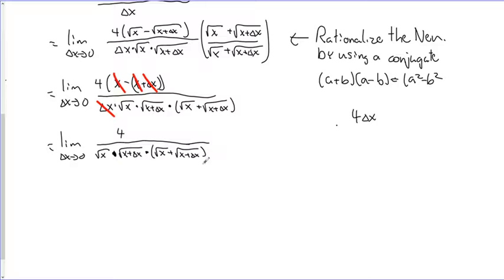Now, I know that that probably doesn't look a whole lot better than the last one, but if I let delta x go to 0, it doesn't make any of these multiplied terms 0. So I no longer have anything undefined.